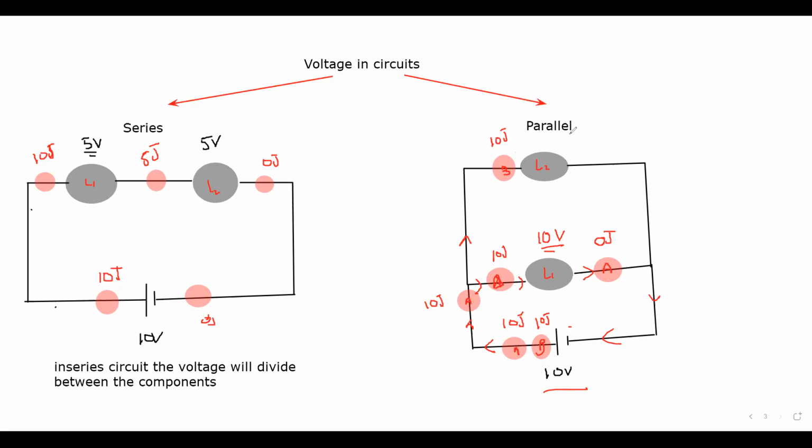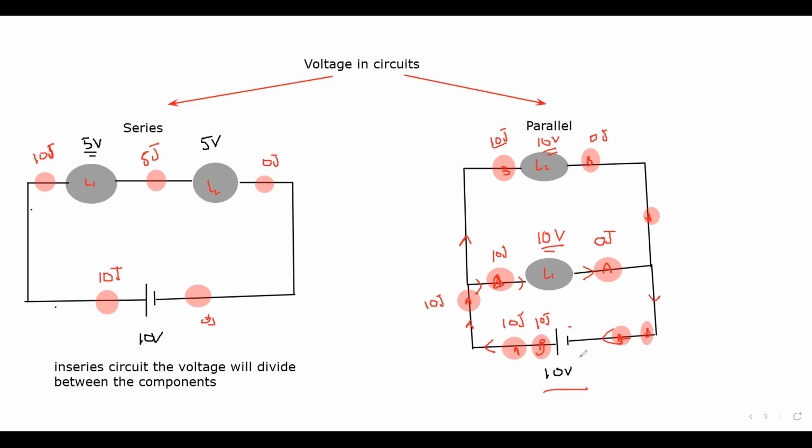After passing, it does not have any other component to pass, so it will return back to the battery. So both charge A and B will transfer all of their energy when passing through the one component. If it is 10 here, this will be 0. So how much energy is transferred? It transferred 10 volts, or 10 joules per coulomb.